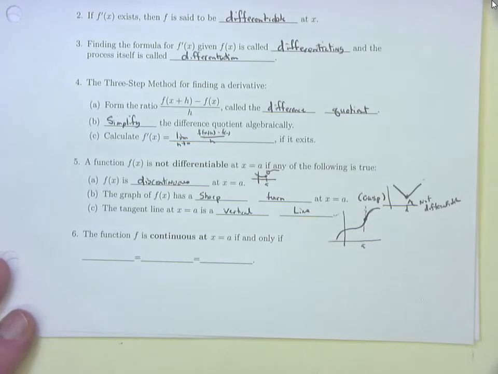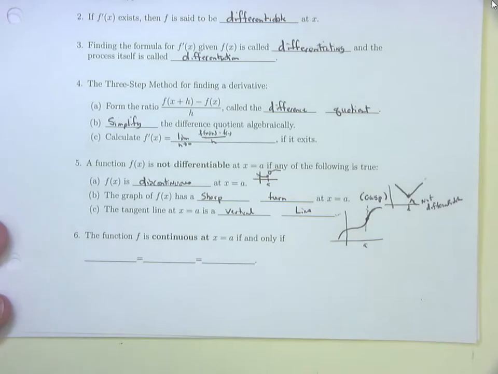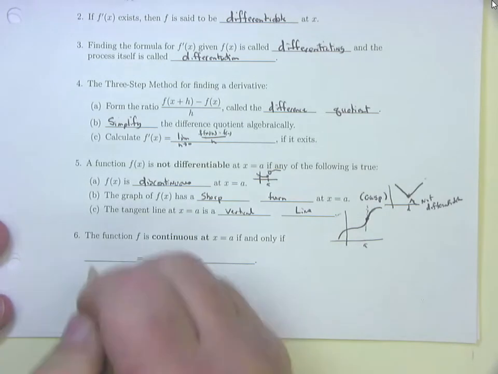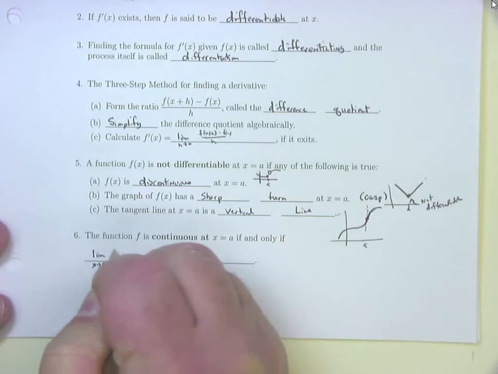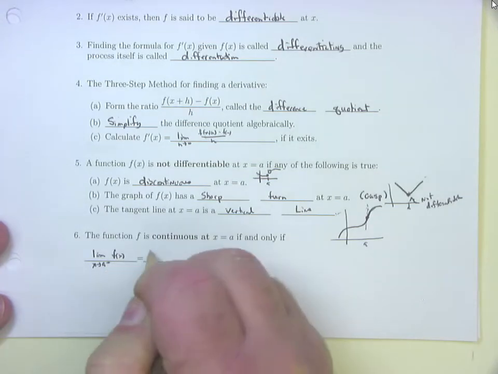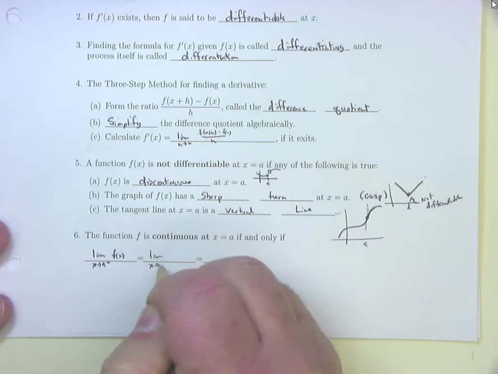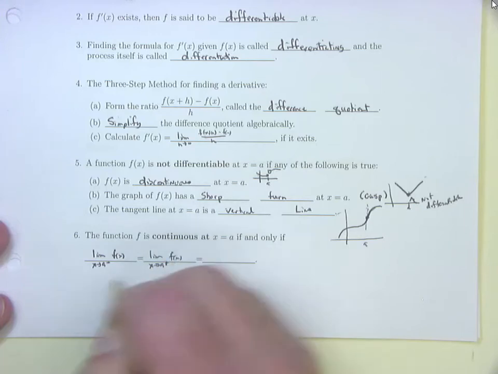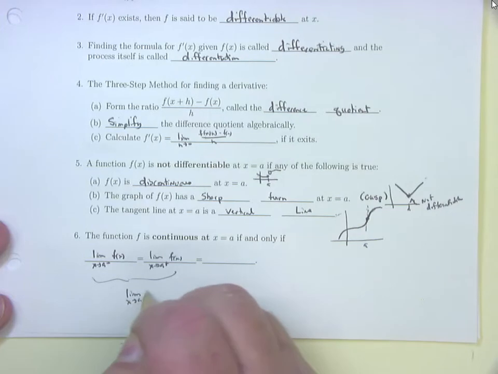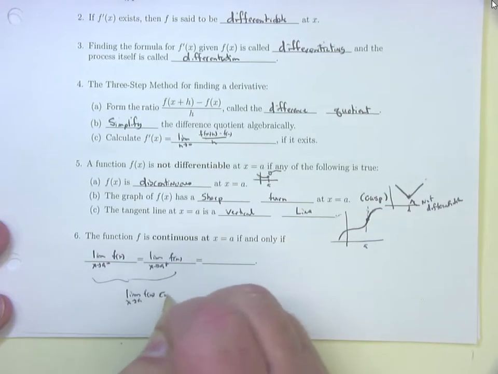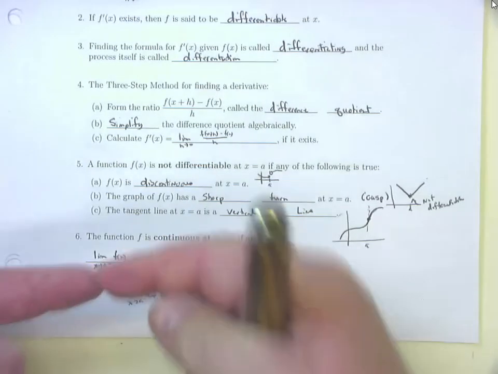That's a great working definition, but it's not a mathematical definition. A mathematical definition is this. A function is continuous if three things occur. When you take the limit as x approaches a from the left of f of x, that's equal to the limit as x approaches a from the right of f of x. Right there, that means that the full limit as x approaches a of f of x exists, because the limit from the left is equal to the limit from the right.